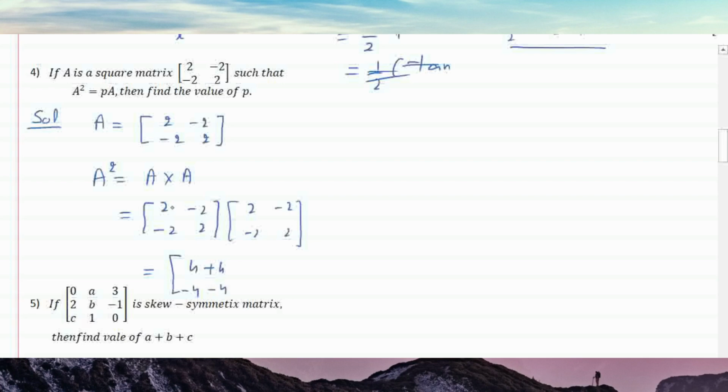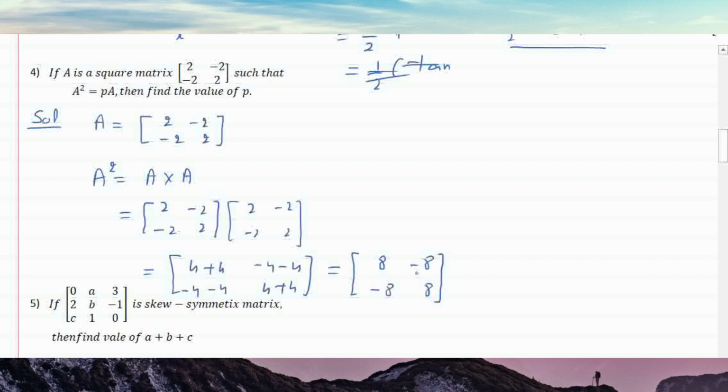Now this into this is minus 4, this into this is minus 4, this into this is 4, this into this is plus 4. So you know how to multiply two matrices. So here we are getting 8 minus 8, and here we are getting minus 8, 8, right, children?